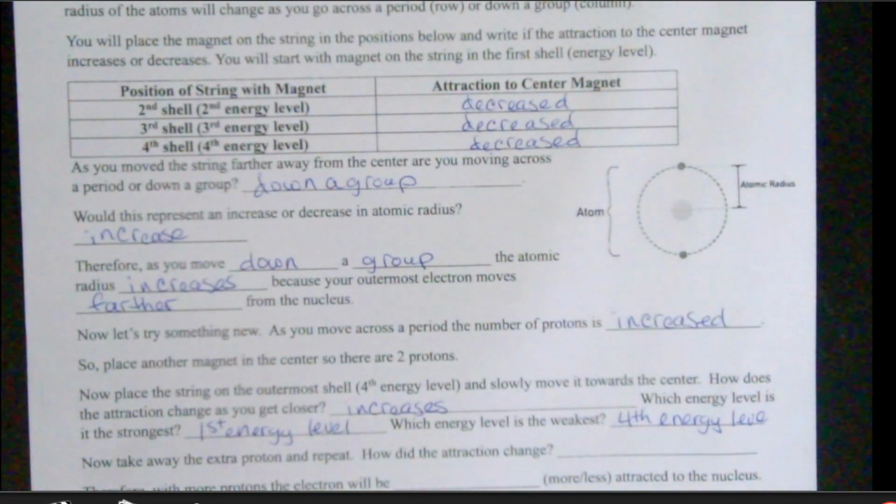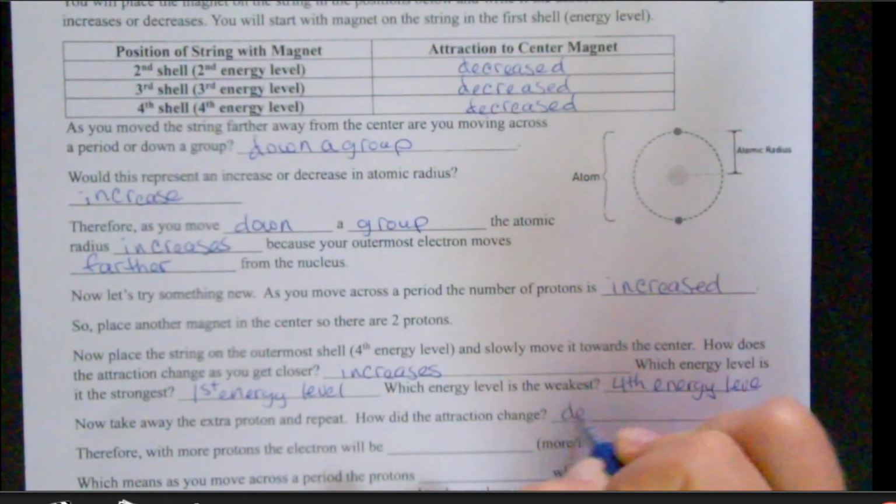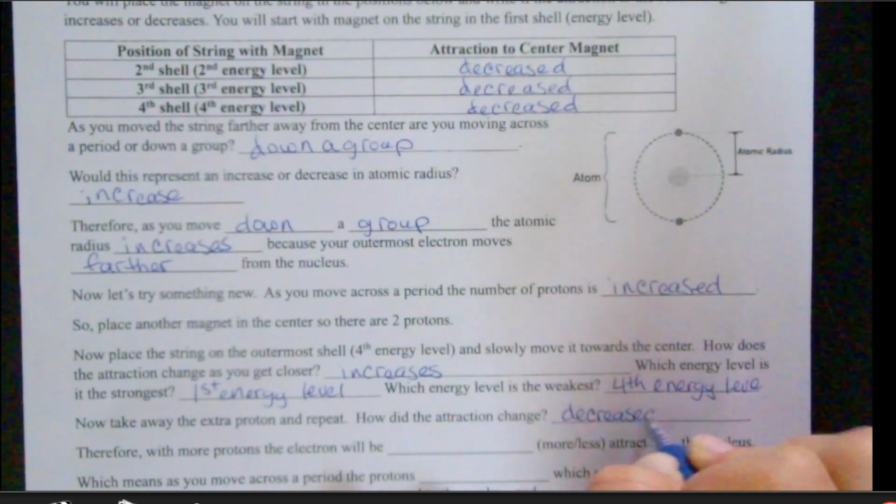Now take away the proton and repeat, just like we did. How did it change? When you had fewer protons, the attraction was decreased, as you saw just a minute ago.